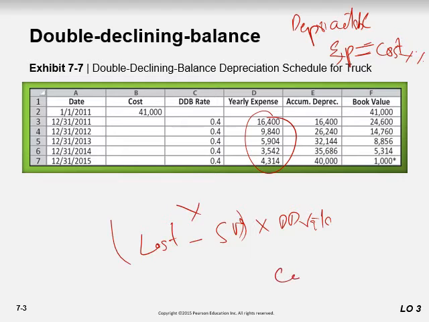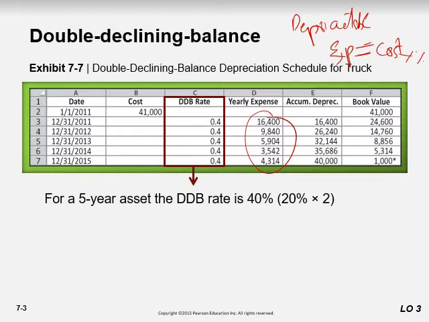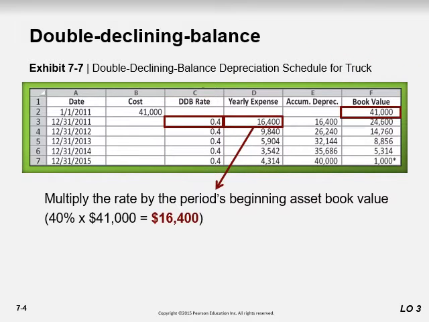No, cost multiplied by the double declining rate. So where this 16,400 came from, we just remove it. It came here. Answer is 40% into 41,000, right?